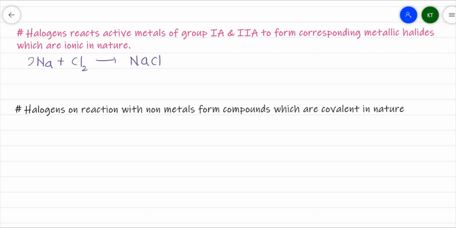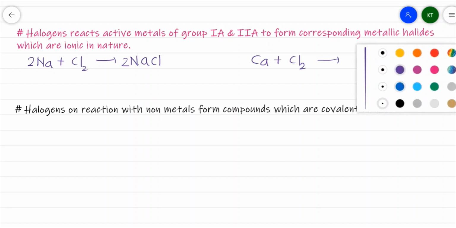To balance this, I'll multiply here by 2, here by 2. Then calcium combines with chlorine to give calcium chloride. Both sodium chloride and calcium chloride we have studied under the chemical bonding chapter. Sodium is a metal, chlorine is a non-metal, so the bond formed between them is ionic.